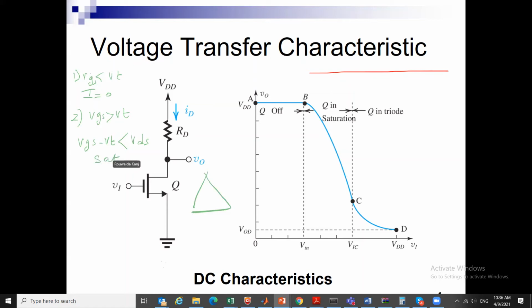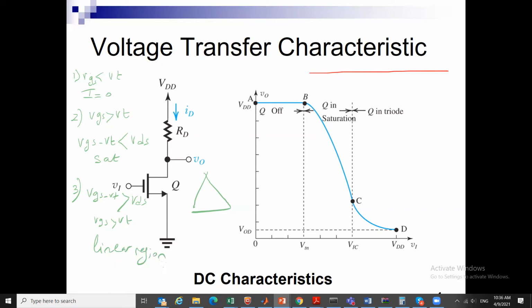I'm not putting them in the same order. Then if VGS minus VT is greater than VDS, and of course VGS is greater than VT, then I will have the transistor in the linear region.